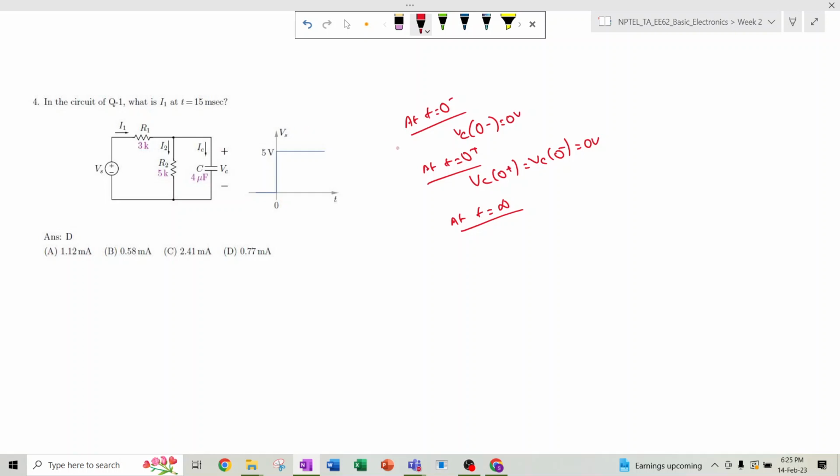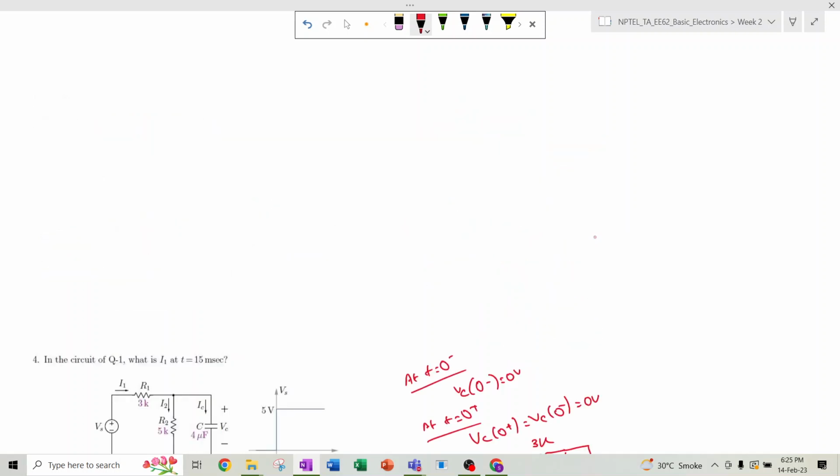At time t equal to 0 plus, the circuit will be this: 5 volt is applied, this is 3k, this is 5k, and here as Vc is 0, it will be short, like what we have already discussed.